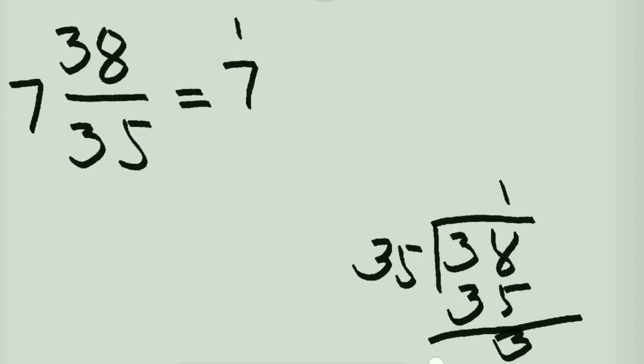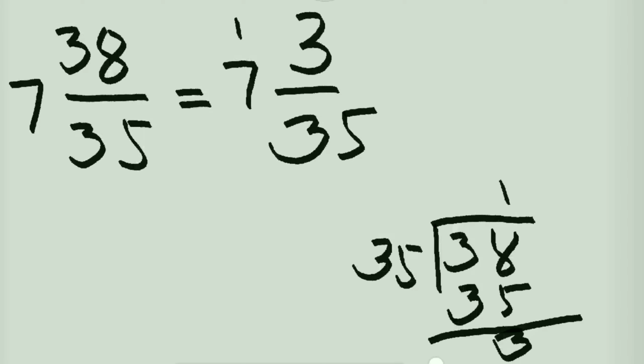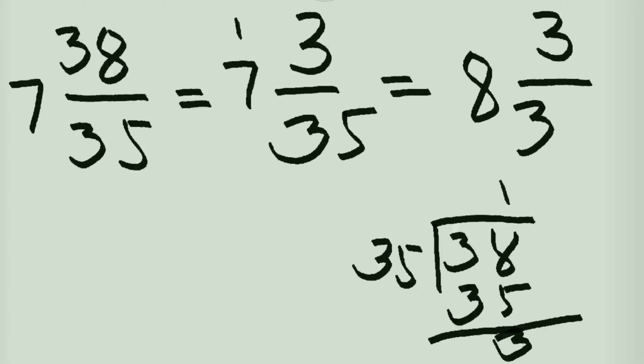Regroup 1, with 3 as the numerator and 35 as the denominator. 7 plus 1 is equal to 8 and 3/35. The answer is 8 and 3/35.